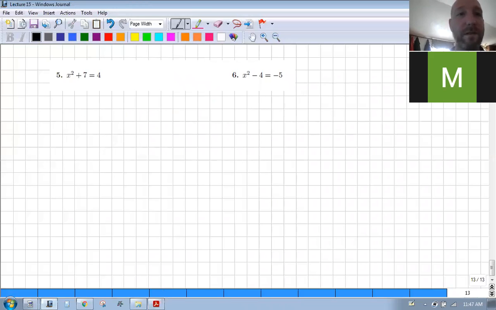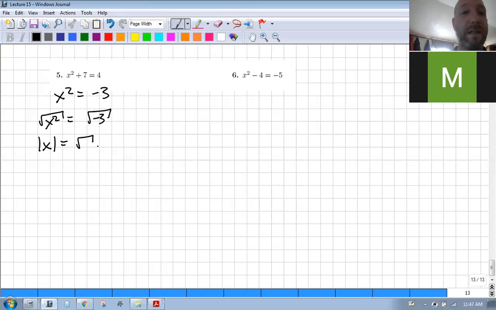Okay, let's subtract 7 from both sides. This is negative 3. 4 minus 7, yeah, negative 3. Square root. Absolute value. We have square root of 3, and that minus gives us an i.